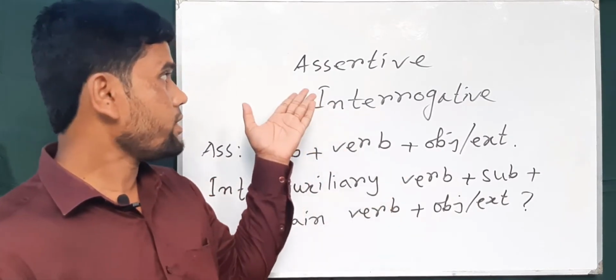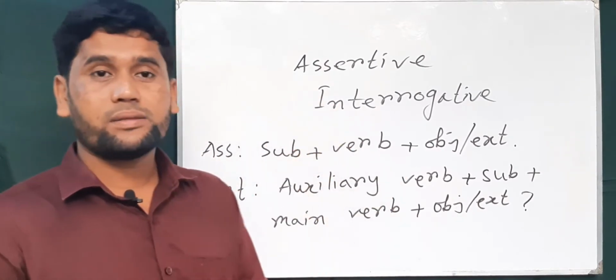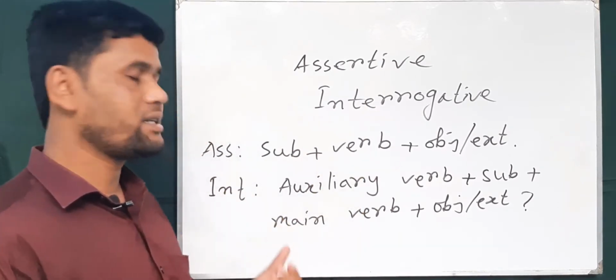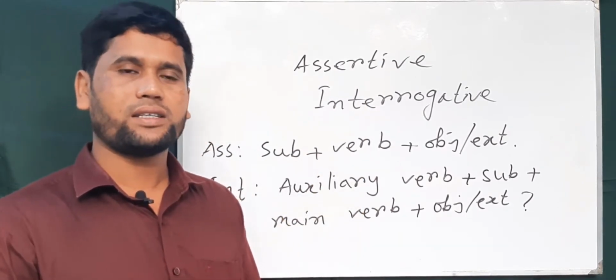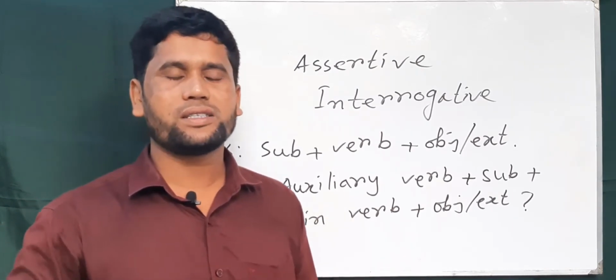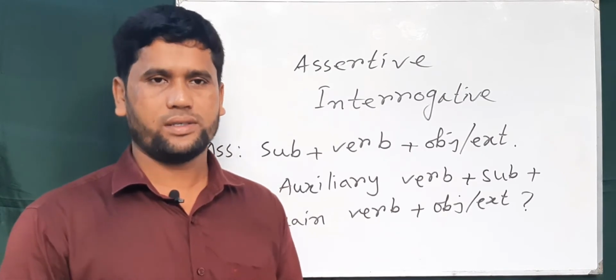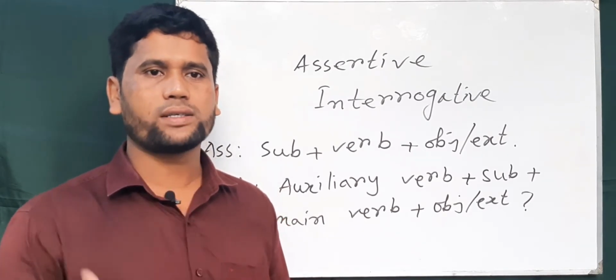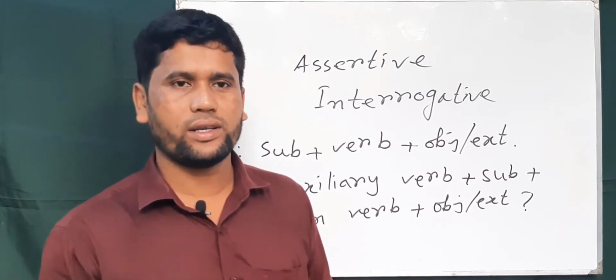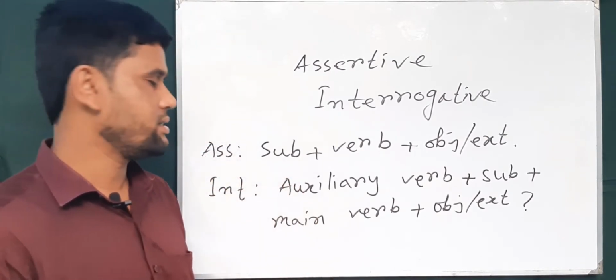So, an assertive sentence may start with subject plus verb, but an interrogative sentence must start with auxiliary verb, or sometimes it may start with a WH word, just what, how, which, whose, where, when, this type of sentence.